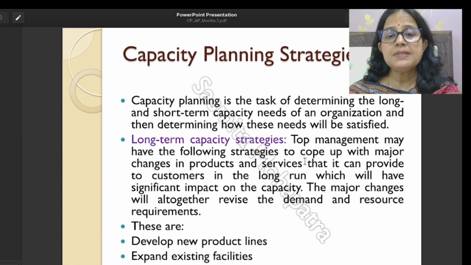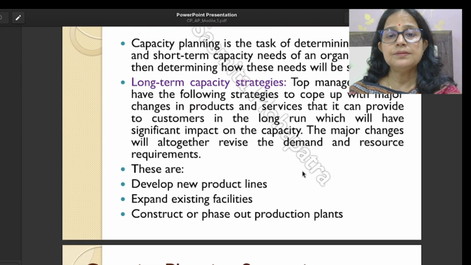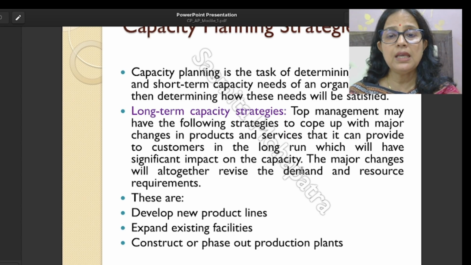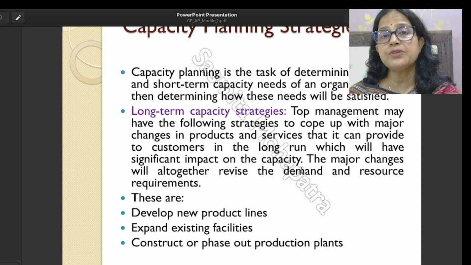So, long-term capacity planning: when we are developing a new product design or new product line, expanding the existing facilities because our market is expanding and market demand is there, so we are expanding our plant or facilities.